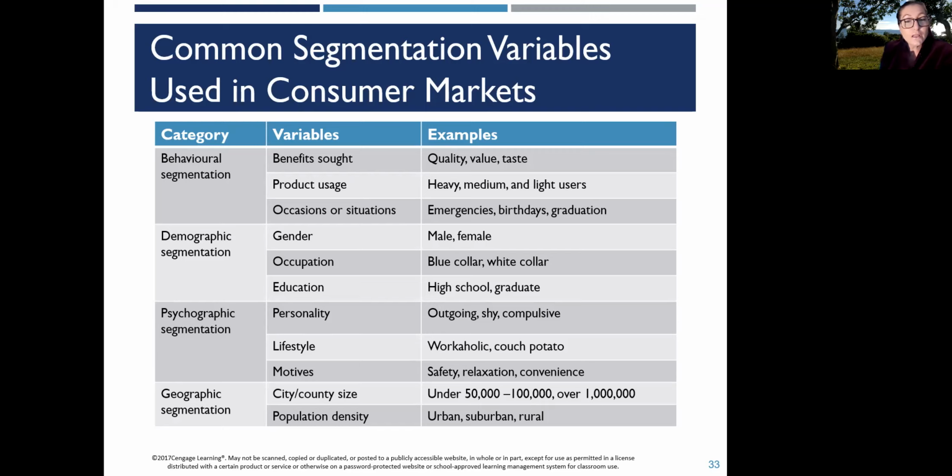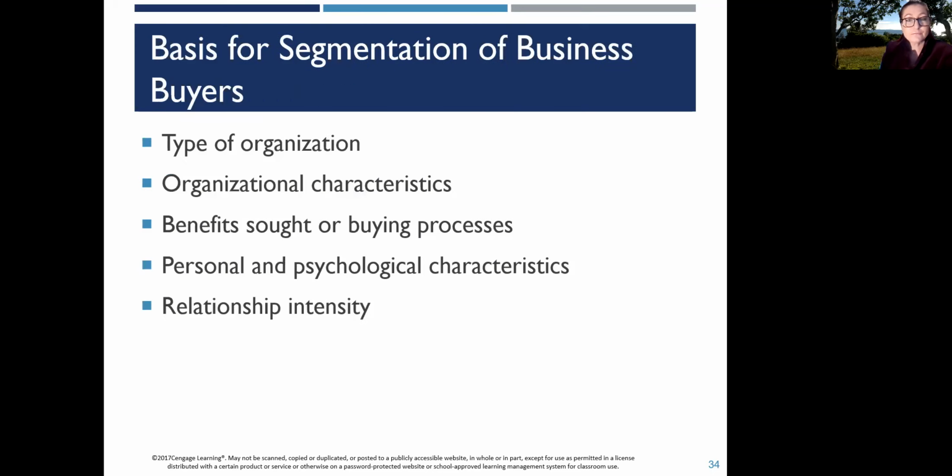Or do they only use this product on specific occasions? These three variables are behavioral variables. You can also look at demographic variables such as gender, occupation, and education. You can also look at psychographic variables such as lifestyle, or geographic variables such as zip code.